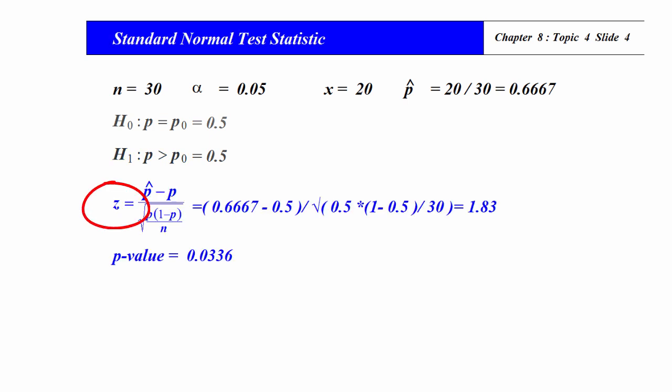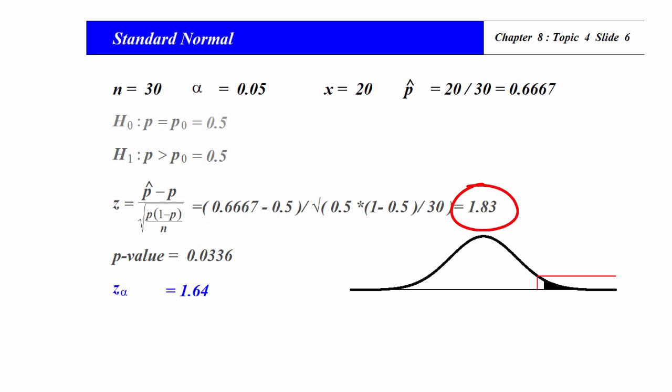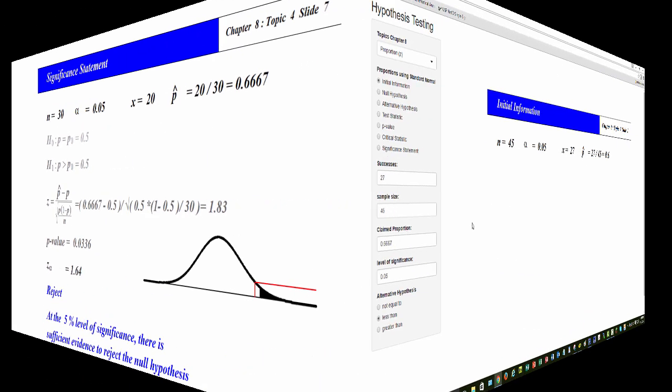Using the standard score in terms of relative frequency, we can compute the test statistic and determine the p-value. Then, comparing the test statistic to the critical statistic, we can make our decision, or we can compare the p-value to the alpha value and we will reject the null hypothesis. At the 5% level of significance, there is sufficient evidence to reject the null hypothesis.